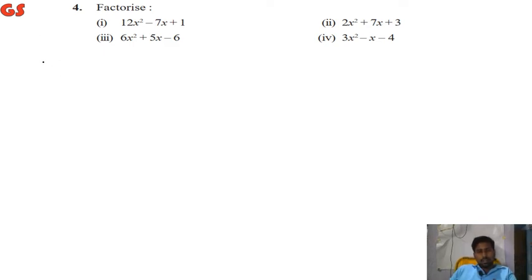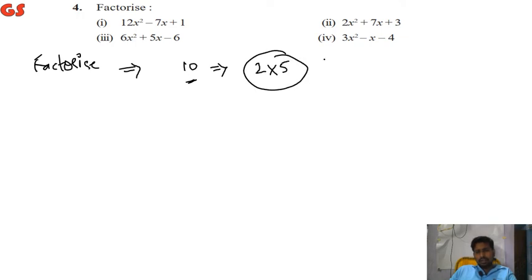See what you mean by factorize. First you have to understand the meaning of factorize. Suppose I give you one example. Suppose you have the number 10. How can you write this number 10? You write it as 2 into 5. So 2 and 5 are the factors of 10.